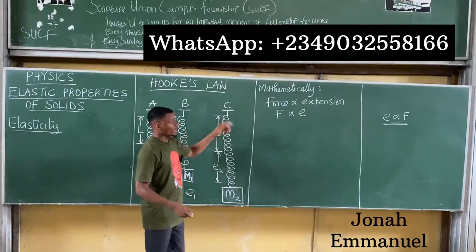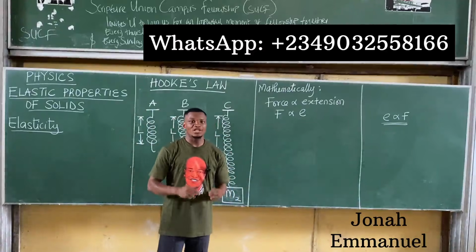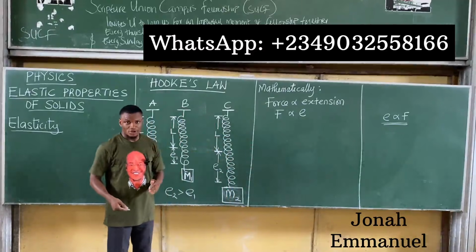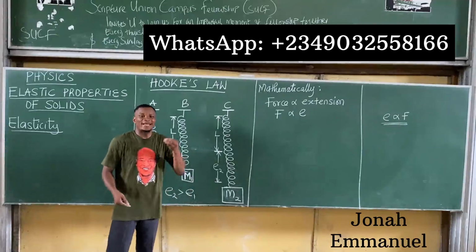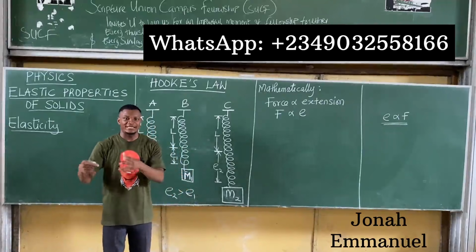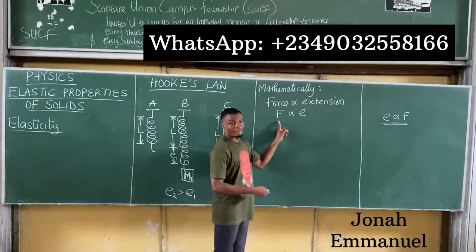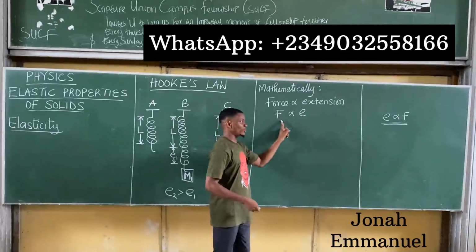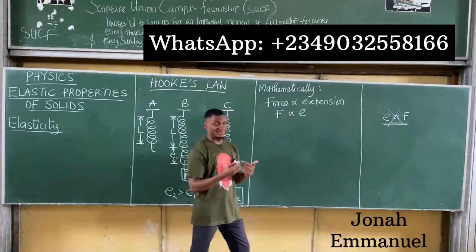In Hooke's law, he mentioned extension before force. Yes, that's okay. But in a real sense, there can be no extension without force. So a force or a weight or a mass must first be applied before there can be an extension. That's why in mathematical form, we put the force first before the extension. Well, technically they mean the same thing though.